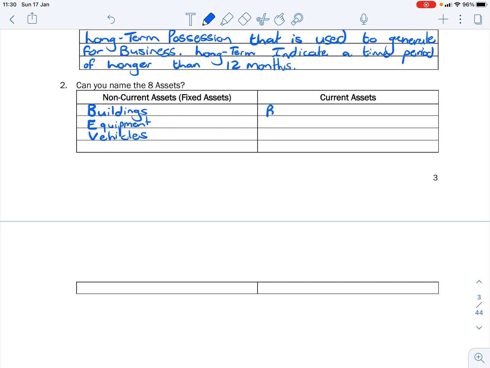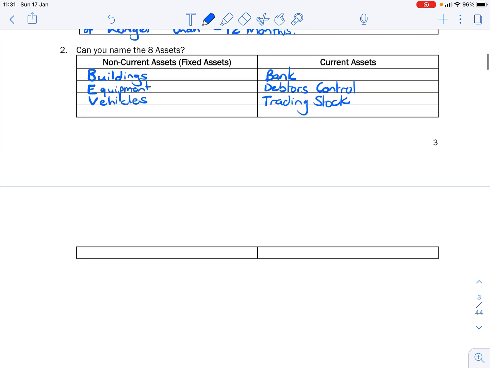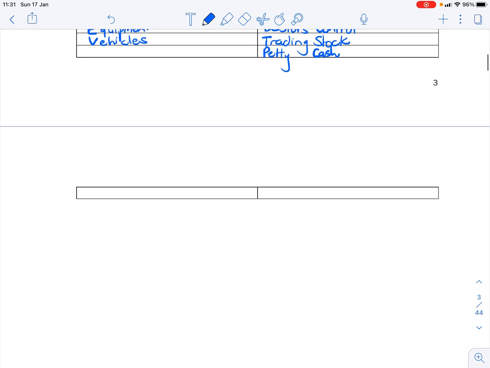Now we have bank, we have debtors control, we have trading stock, we have petty cash, being small amounts of cash generally used for small purchases on a day-to-day basis.